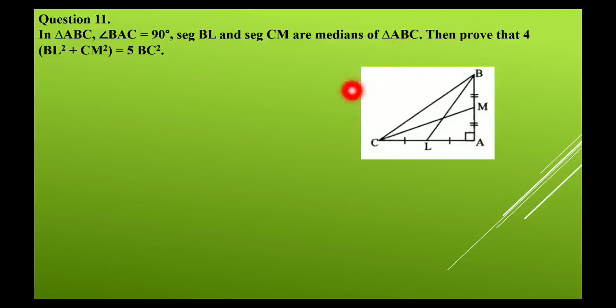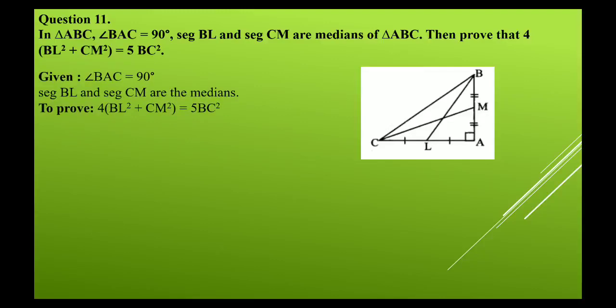Both the lines are medians. Then prove that 4BL square plus CM square is equal to 5BC square.